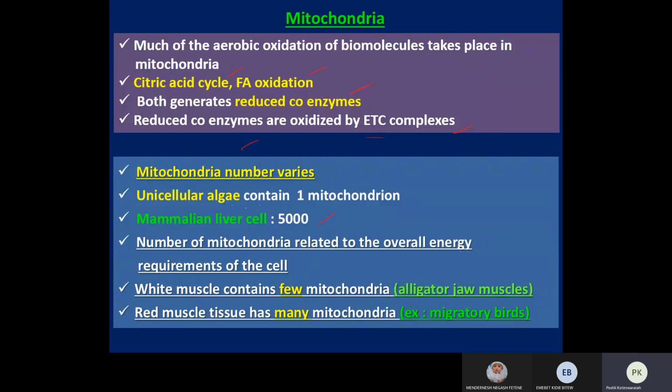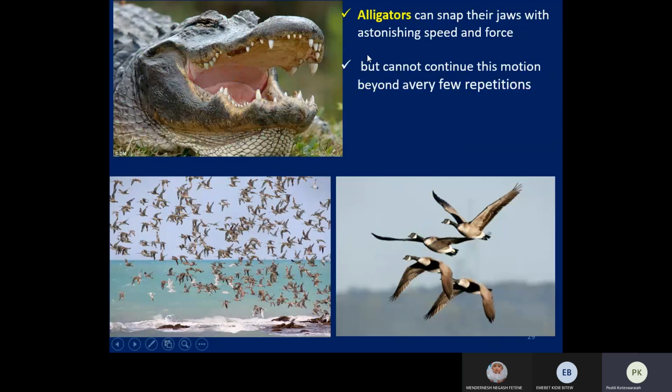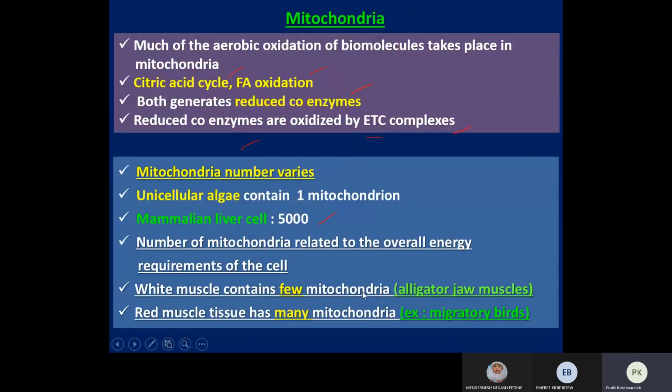The alligator jaw muscle is an example of white muscle. The alligator can snap its jaws with astonishing speed and force, but it cannot continue this motion beyond a few repetitions, because it has fewer mitochondria in the white muscle.